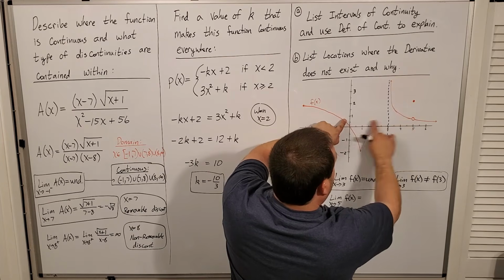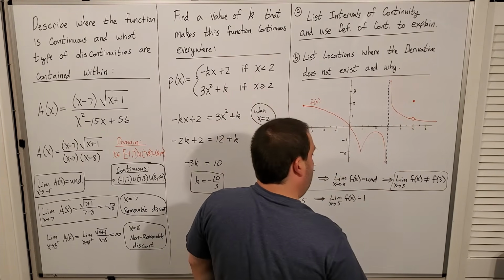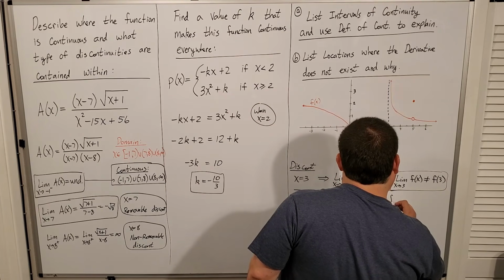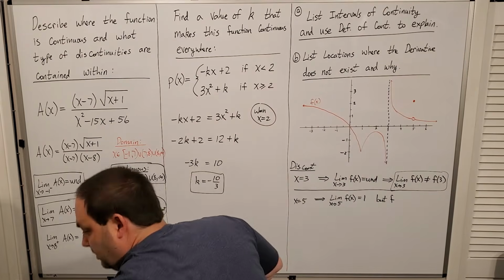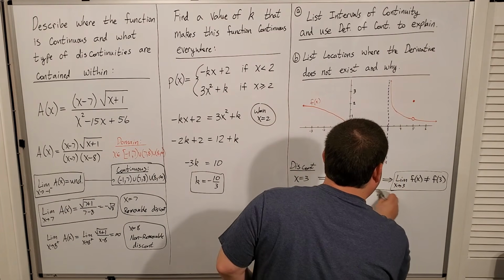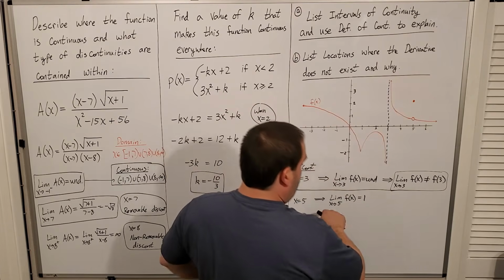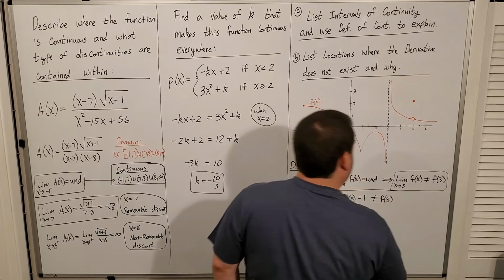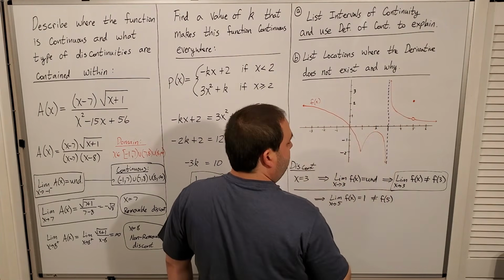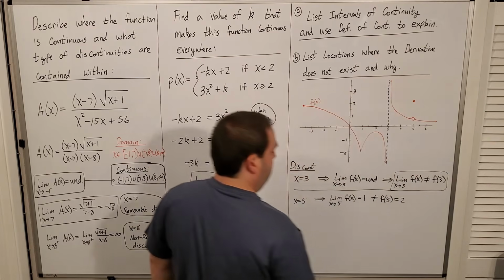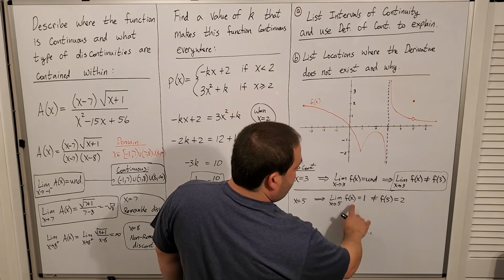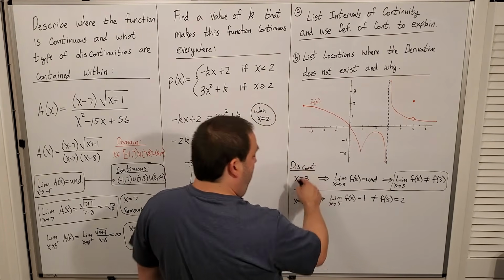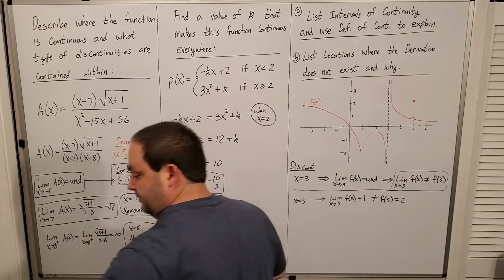The limit approaches 1, but f of 5 is... there's a better way to write this. The limit equals 1, but that's not equal to f of 5. f of 5 is 2. Again, there's the definition of continuity right there. The limit doesn't equal the function value. Therefore, I have a discontinuity at x equals 5.